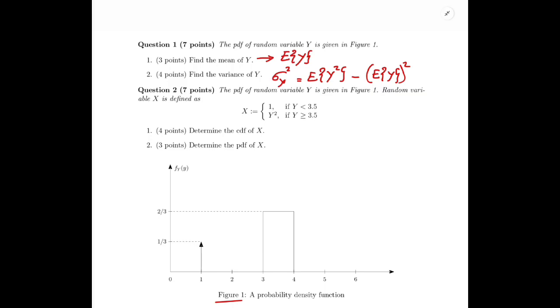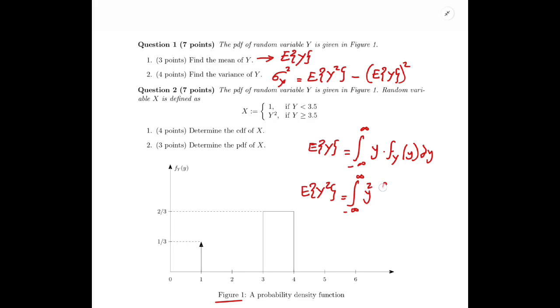So in this case, we need to find the expectation of y, which is defined as the integral from minus infinity to infinity of y times the PDF of the random variable y, and the expectation of y squared is defined as the integral from minus infinity to infinity y squared fy of y dy.